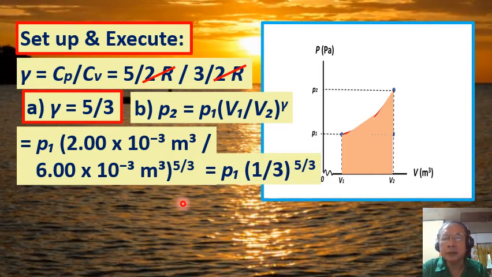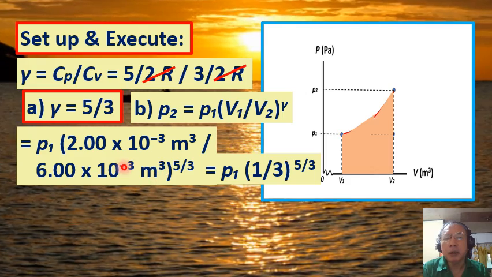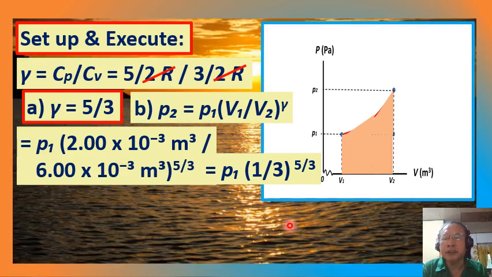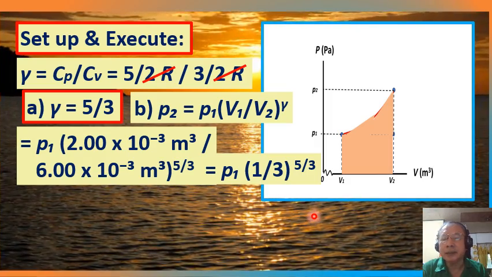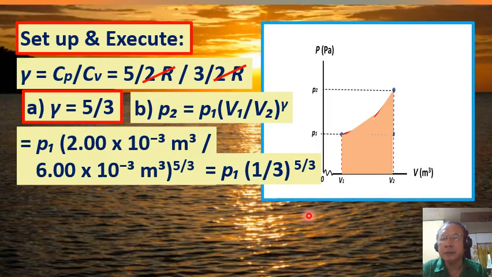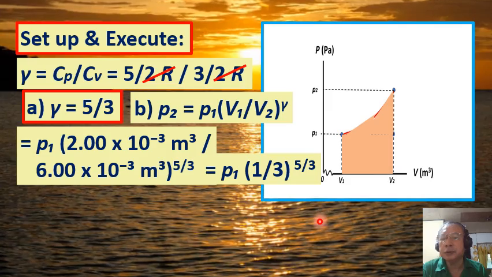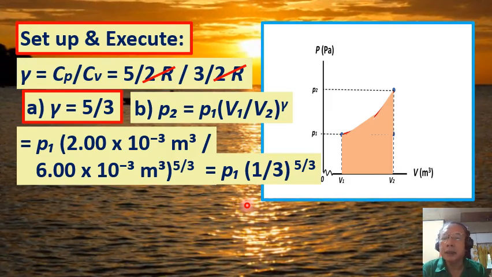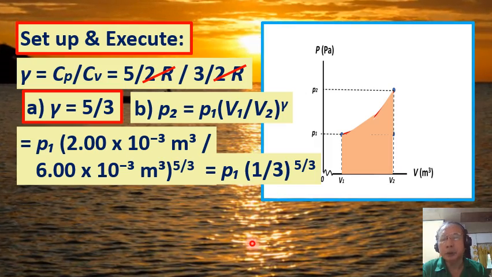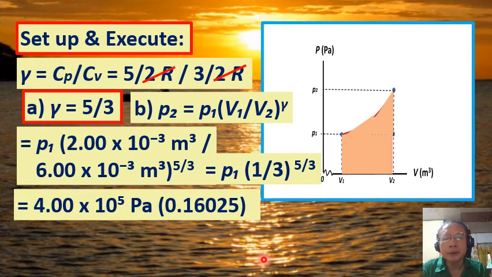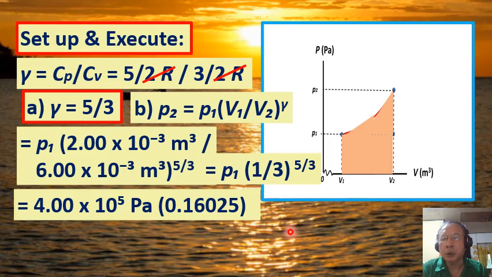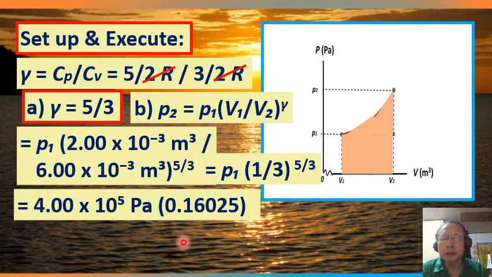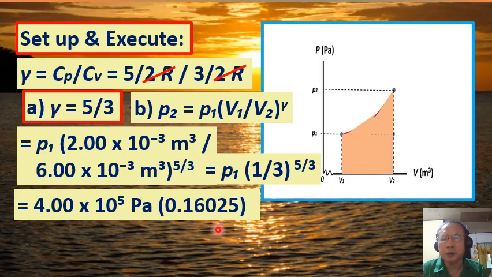When simplified, the ratio of V1 over V2 will in fact be equal to 1/3. And then we are going to get the value of 1/3 raised to the power 5/3, after which we will multiply that value by the pressure P1. So 1/3 raised to the 5/3 power will in fact be 0.16025.